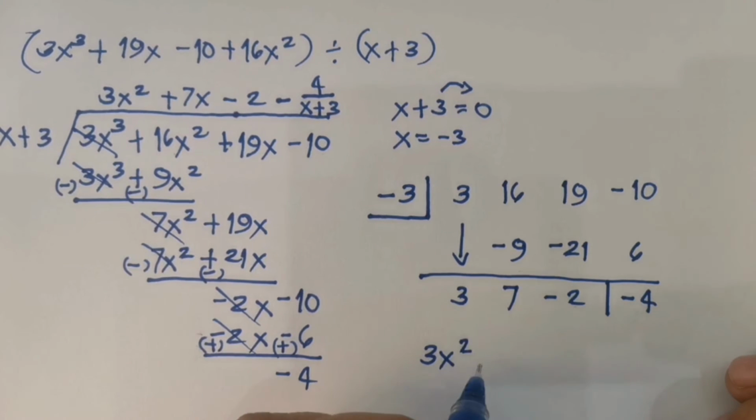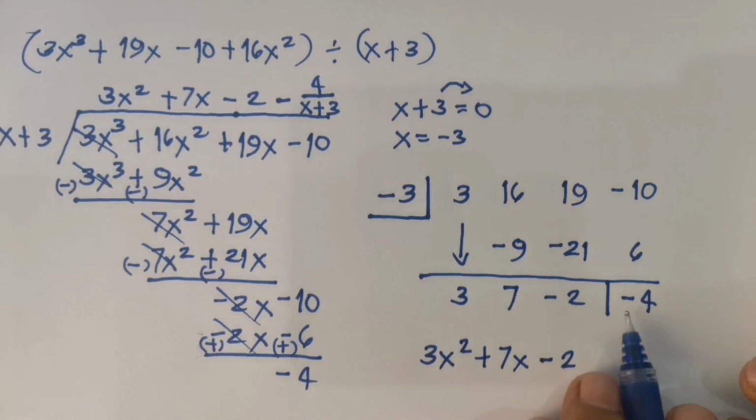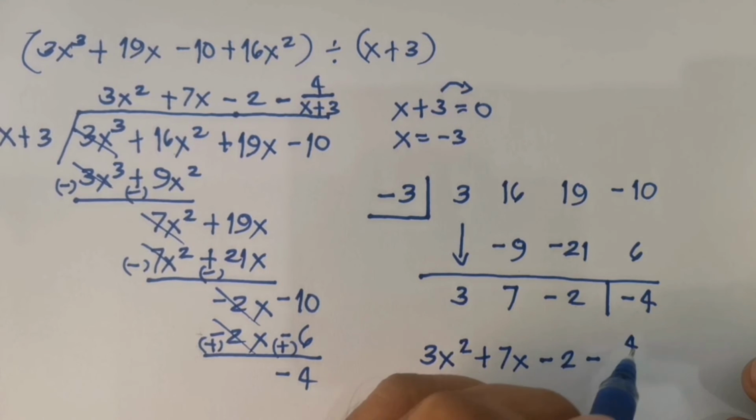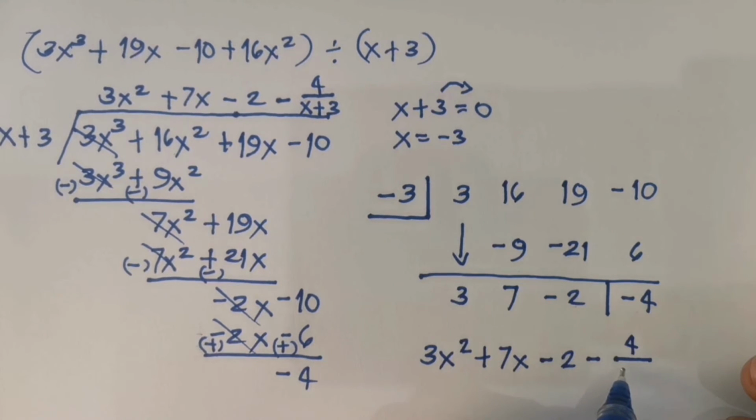Okay. So bring down this plus 7x to the first power. Then bring down negative 2 and bring down negative 4. Write that as the numerator and the denominator will be the divisor, which is x plus 3.